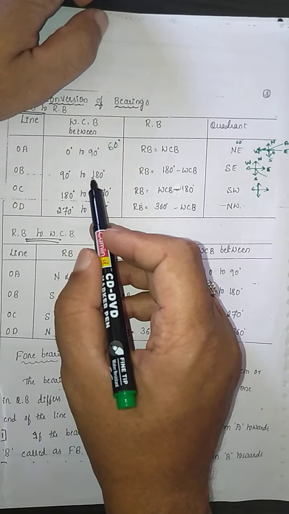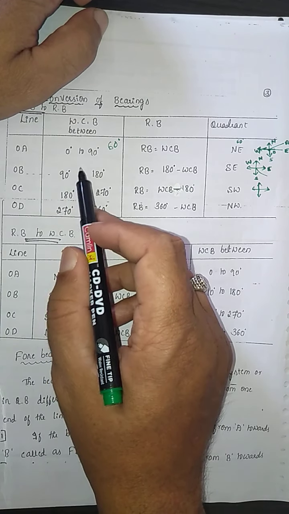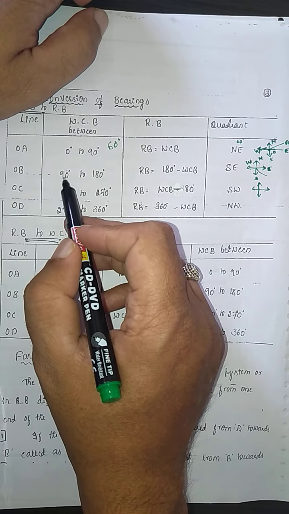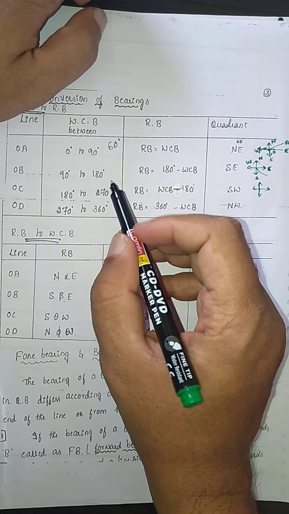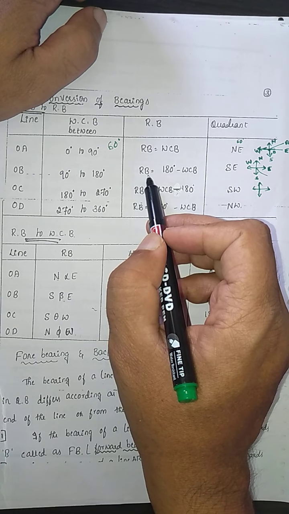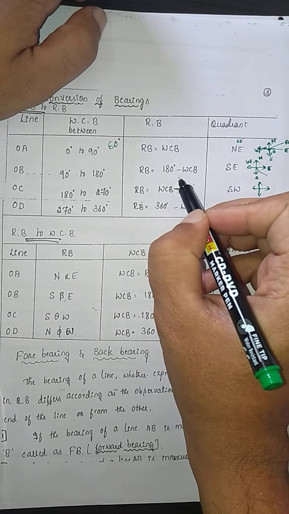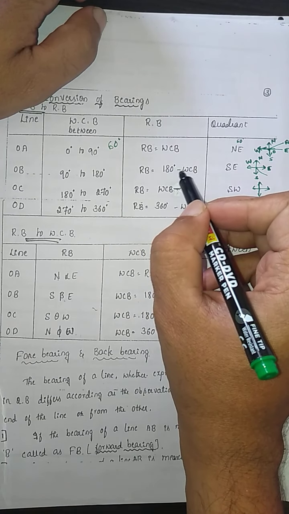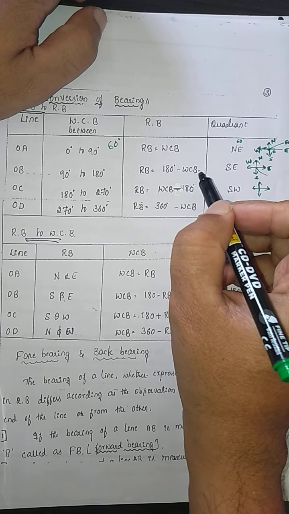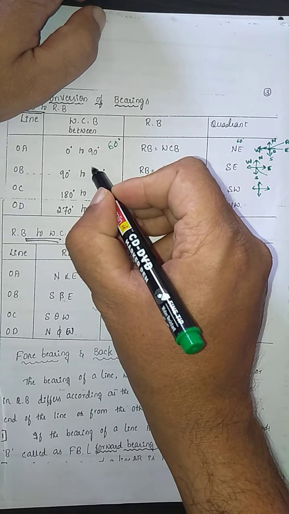Now let us consider the second whole circle bearing range, that is 90 to 180 degrees. If you want to convert it into reduced bearing, you will be using this formula: reduced bearing is equal to 180 degrees minus WCB. Suppose now the angle 120 is given to you.